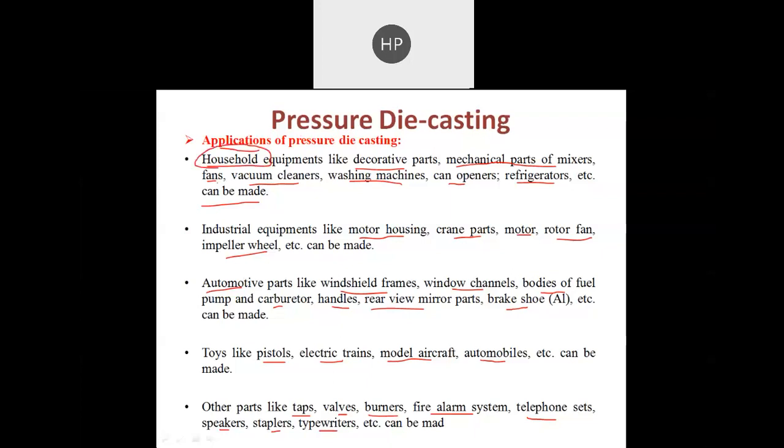Household, some industrial equipment, the automobile industry, the toy industry, and also taps, valves and burners, kitchen and sanitary wares can also be made by pressure die casting. That's why pressure die casting is one of the important and well adopted casting processes in industry for making various components.